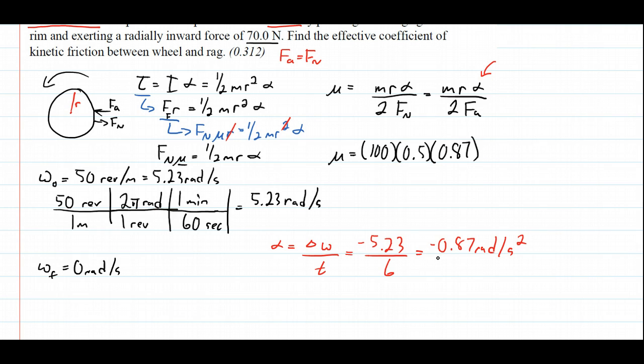Notice I'm going to drop the negative here because I can't have a negative coefficient. Divided by 2 times our applied force of 70 newtons. And so if we calculate all of this, we get a final answer of 0.31 for our coefficient.